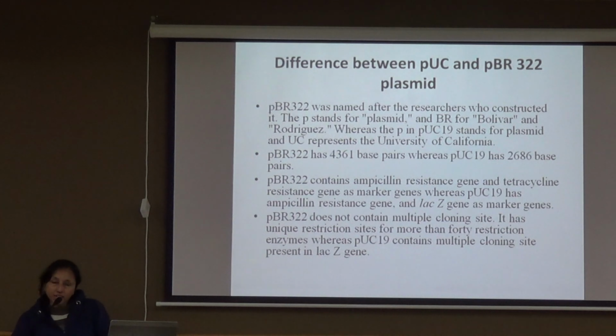Plus, when we insert these vectors inside the host cells, some of the bacterial host cells, or any other type of host cell that we use, might not take up any vector. Some host cells might take up the vector which is non-recombinant, but some hosts might take up the vectors which are recombinant.